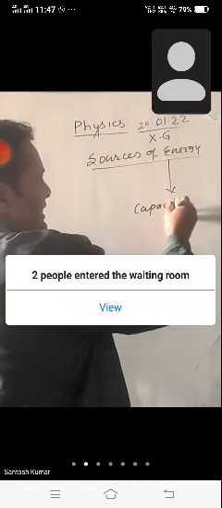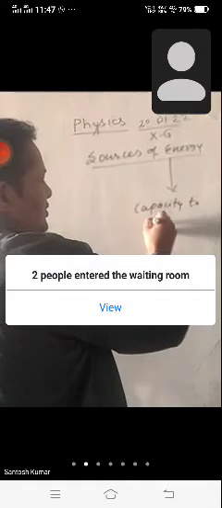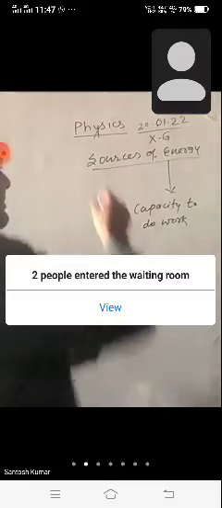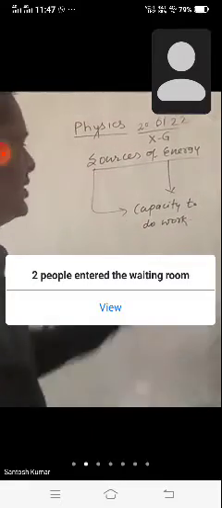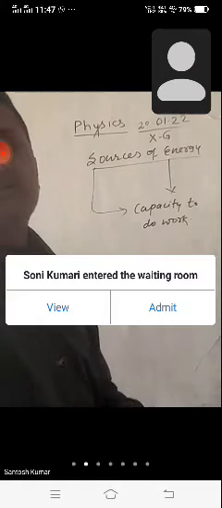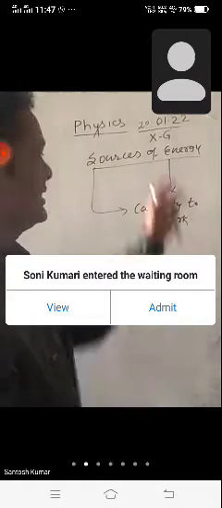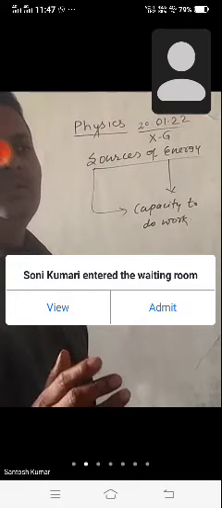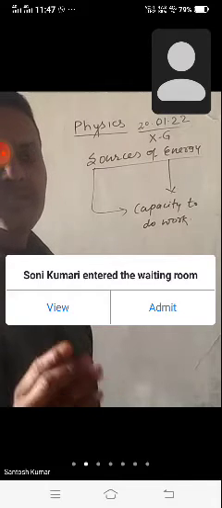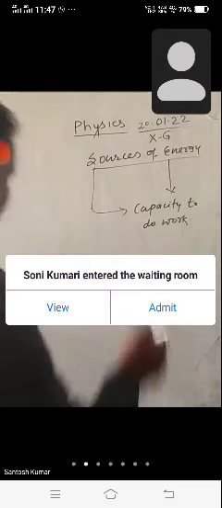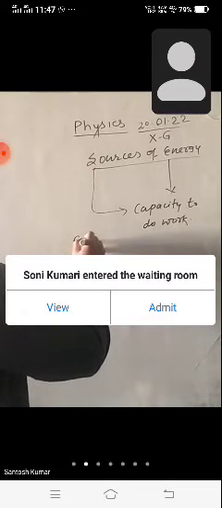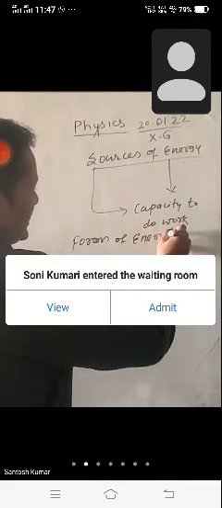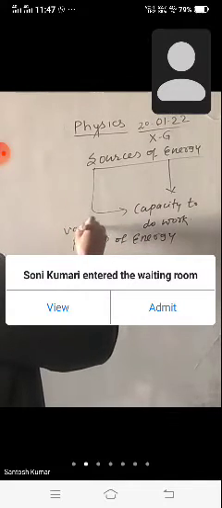Capacity to do work means any source which has capacity to do work may be regarded as one of the sources of energy. So in starting, we all know about the various forms of energy. So we need to know about the forms of energy.